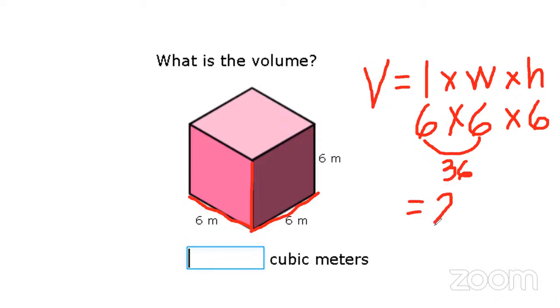216. And since we're finding the volume, we're talking about 3 dimensions here: the length, the width, the height, or the length, the width, the breadth. We represent this as cubic meters, and we write it like this. So our answer is 216 cubic meters. Brilliant, guys.